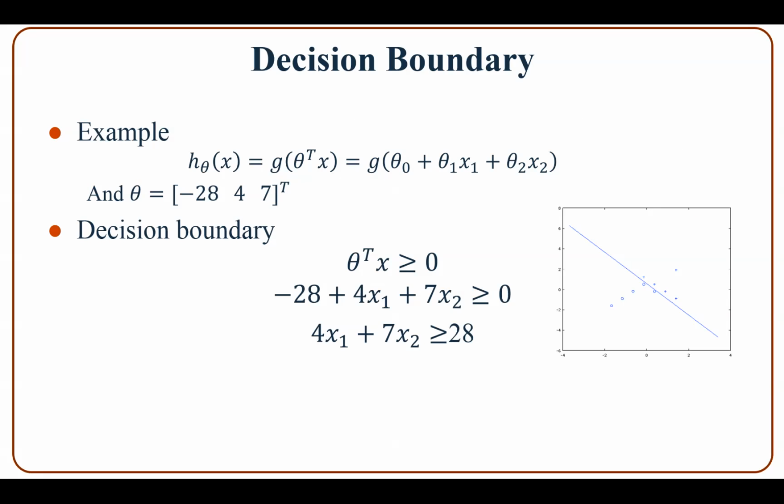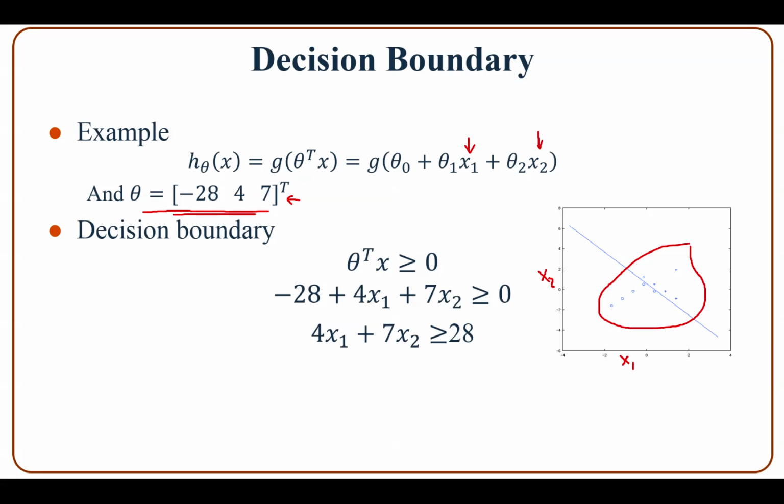Now let's talk about decision boundary. For example, we are given a data set with a number of instances, and for simplicity we consider a two-dimensional problem with two features, x1 and x2. Let's say this is x2 and that is x1, and assume that from the data we get the vector theta, the parameter that makes the cost function minimal.